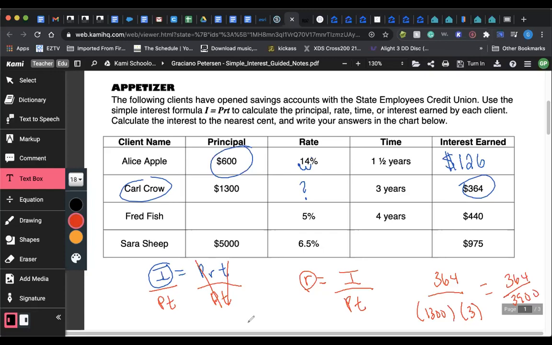And what is my rate? What do I get as my rate? What is the answer? 10. Okay, close.